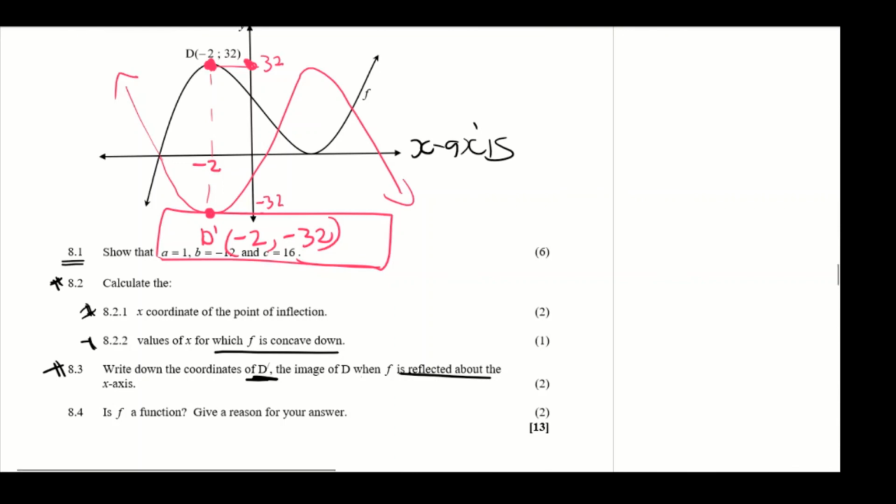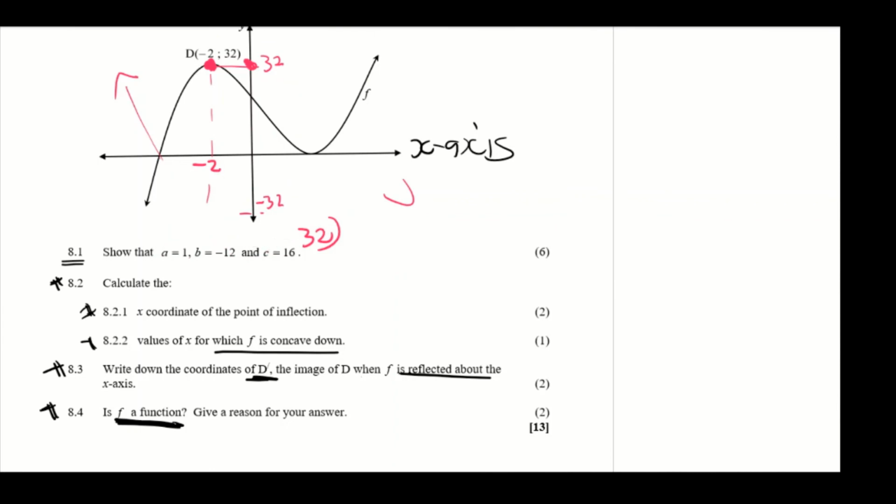Then 8.4 says, is f a function? Give a reason for your answer. For us to prove that the graph of f is a function, we need to test it using the vertical line test. If you apply the vertical line test, each x corresponds to only one y at every point.